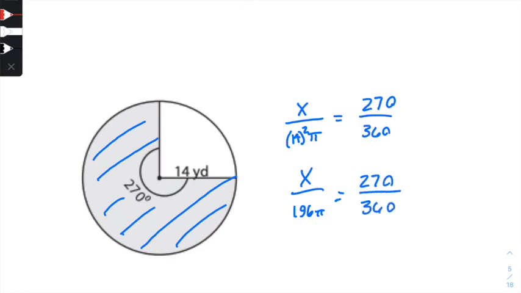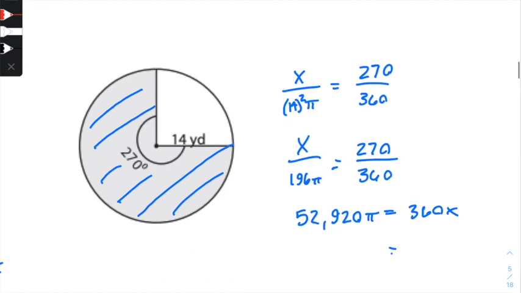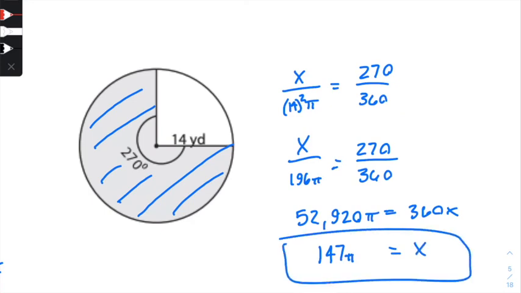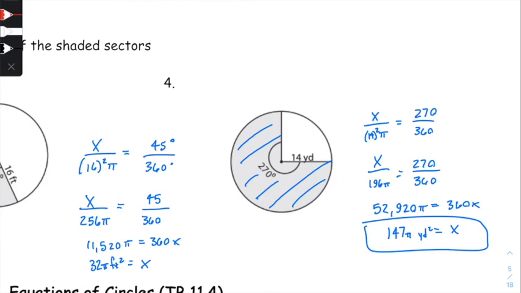Then we'll cross multiply. 196 times 270 is going to be pretty big here. 52,920 pi, and that equals 360x. So then divide that by 360, and you get 147 pi, that would be, I guess, in yards squared. Right there. And that'll be it for those.